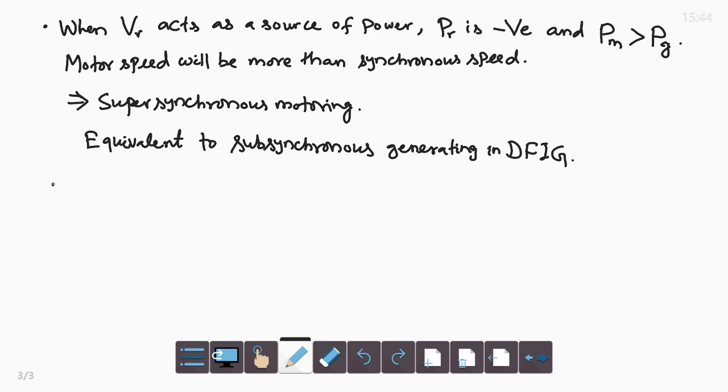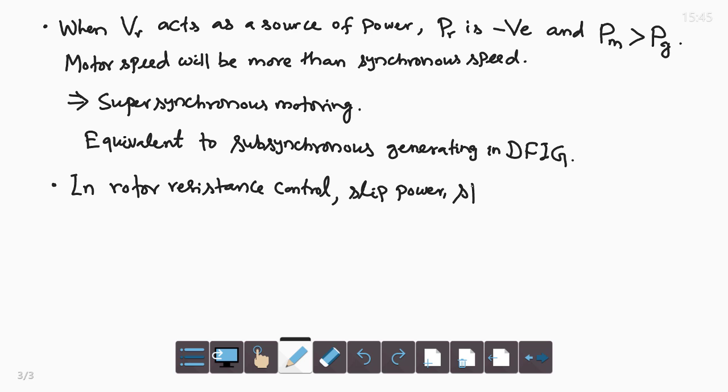So, let us relate this technique to rotor resistance control. In rotor resistance control, slip power SPg is 3 I2 square times R2 plus external resistance.